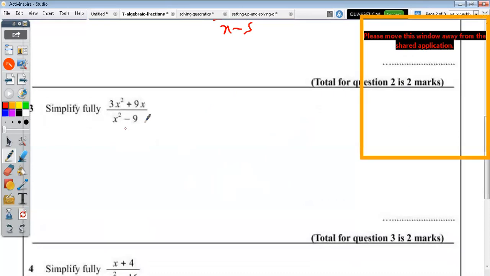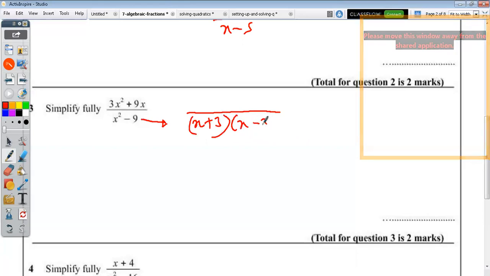Now this we talked about. We said it's called difference of what? Of two squares. x squared has got a square root, 9 has got a square root. So we said the sum of their squares multiplied by the difference of their squares. It doesn't have a middle term. Then this you can factor out 3. Not only 3, you can also factor out x.